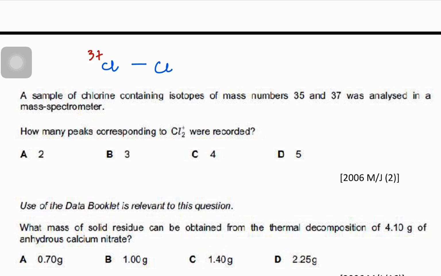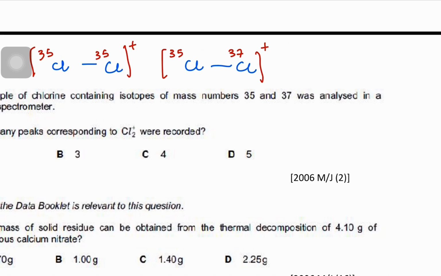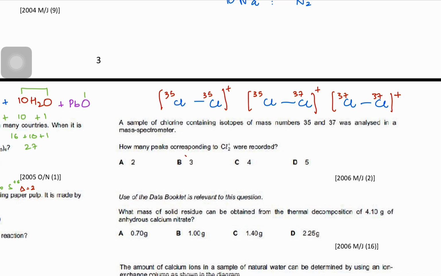Either both with a mass of 35, or one with 35 and one atom of 37. So that is another ion. Or the third one is going to be two chlorine atoms both having a mass of 37. These are the possibilities. So I can have three different masses of chlorine recorded here.